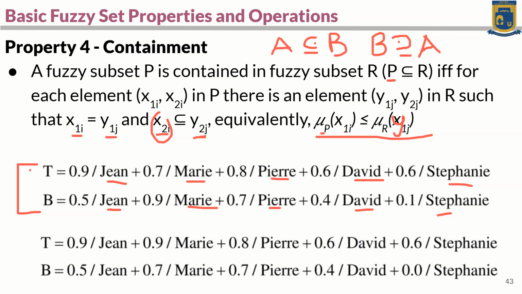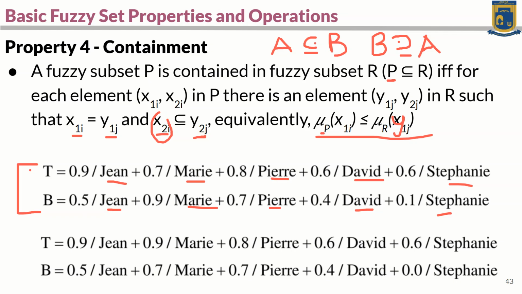Caleb, you said you are not sure, so tell me the unsure answer. So I think B contains T. You think B contains T? Okay, yes, sir. So B contains T. Okay, the last person, Henry.